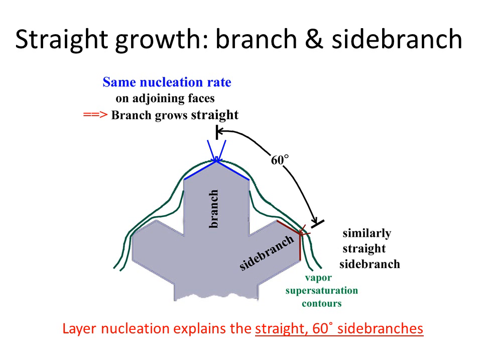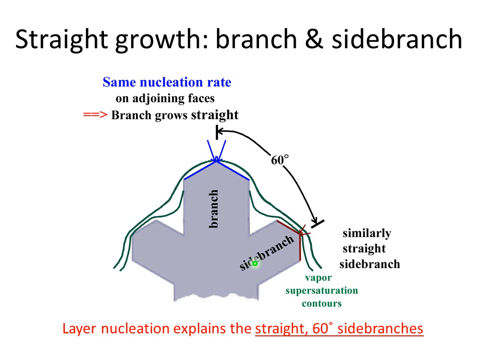A brief review here. The branch tip grows straight because its two leading faces are being fed by layers nucleated from the same or essentially the same point. Thus they grow at the same rate. The vapor surrounding this is mirror symmetric, so the tip remains so, or nearly so.